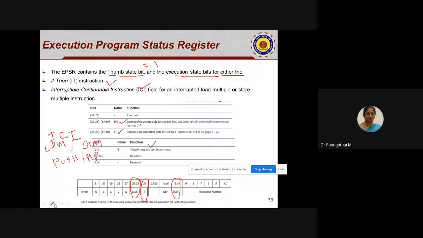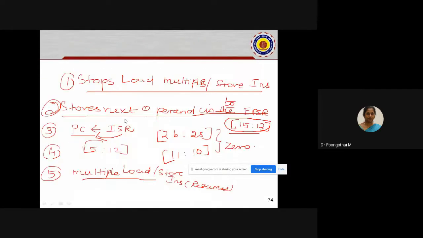This is about your interruptible continuable instruction. In the case of the interrupt continuable execution state, only bits 12 to 15 are utilized. Remaining bits are 0.